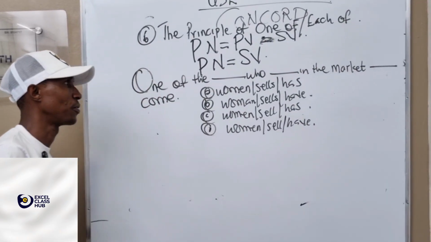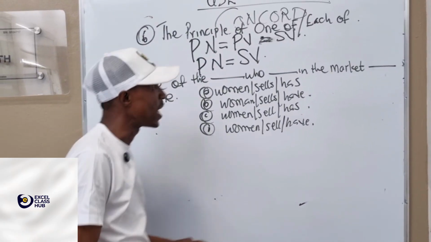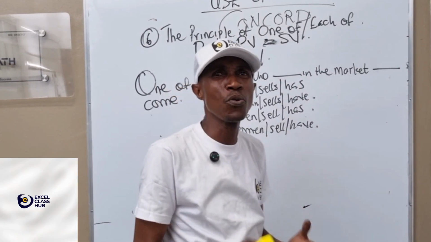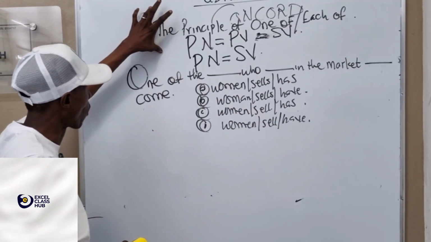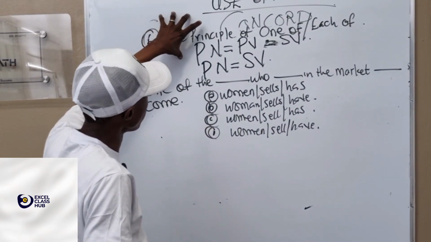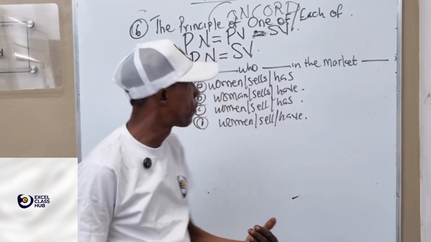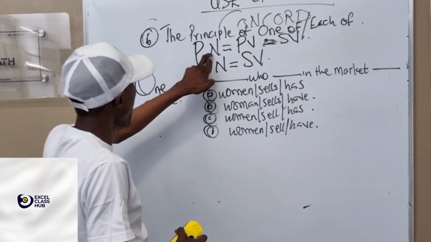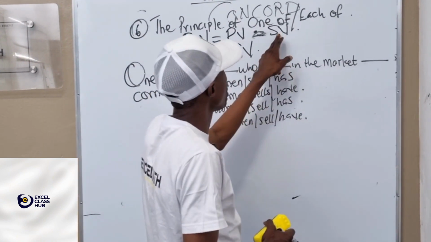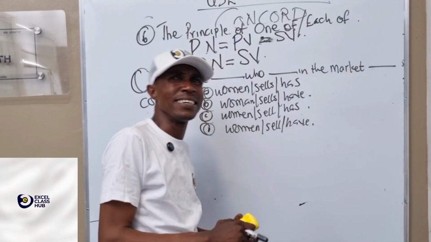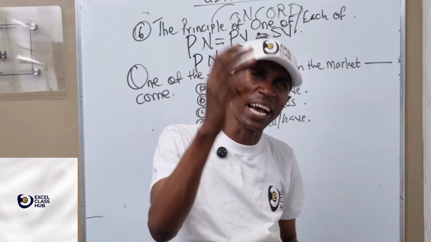Now look at this question. Just follow the principle. That is why in Concord, you don't need to play with the principles. We're told that whenever you see one of or each of, we are to follow PN equal to PV and equal to SV, that is if the question involves 3 dashes.